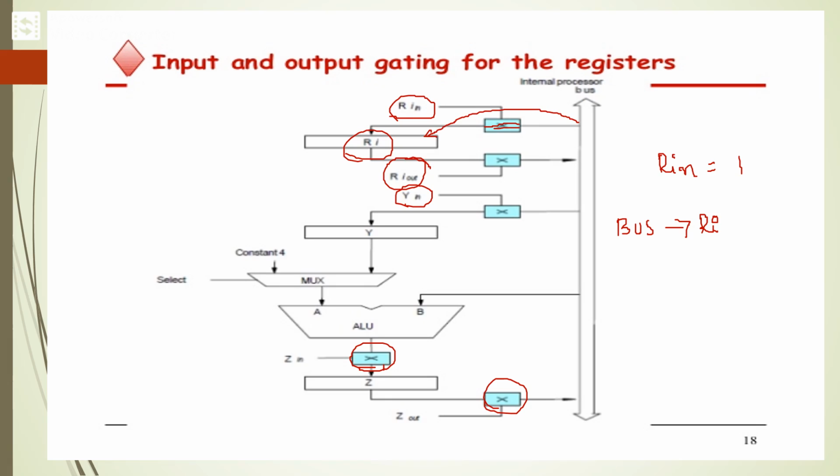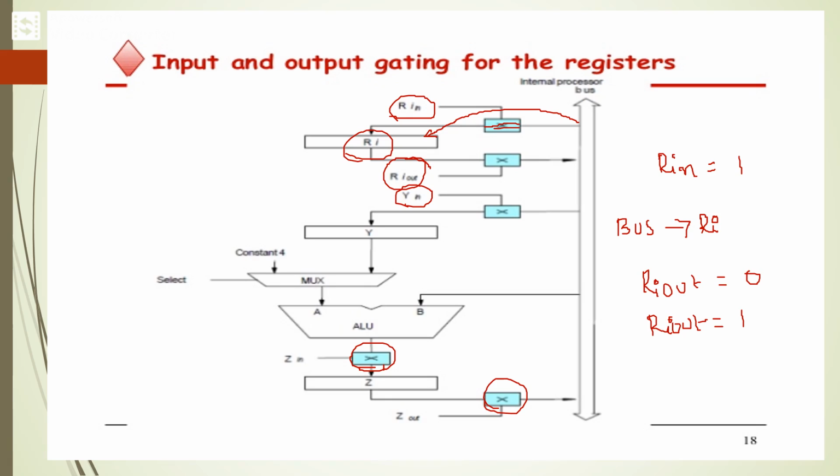And whenever Ri out is equal to 0, the data cannot be transferred between the processor bus and the register. But whenever Ri out is equal to 1, the content of Ri is placed on the bus.